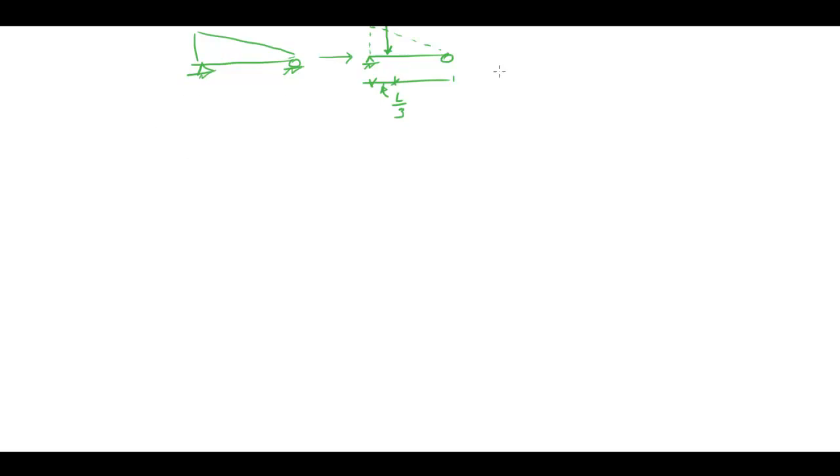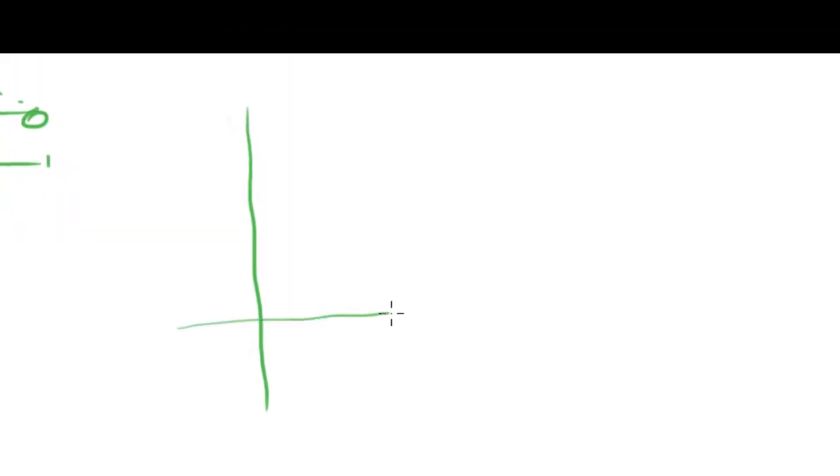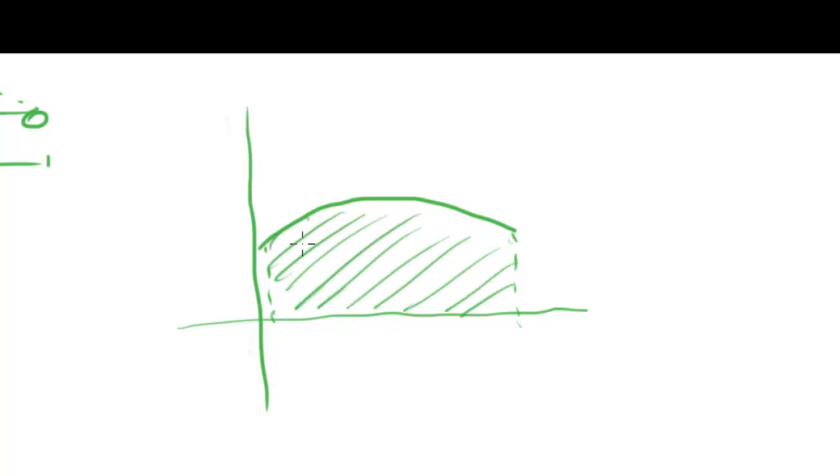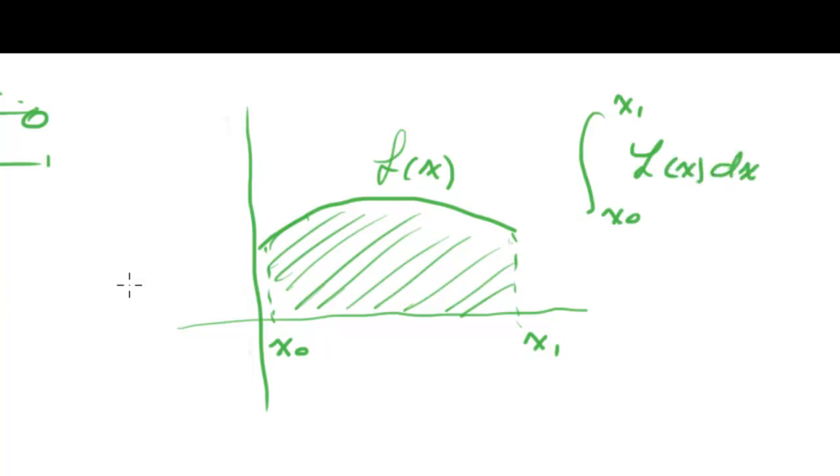Remember from calculus, if you have a graph that looks something, for example, like this, and I wanted to find the area, if I know the function f of x, all I need to do is go from, let's say, x naught to x1 of f(x) dx, and I'll find the area.